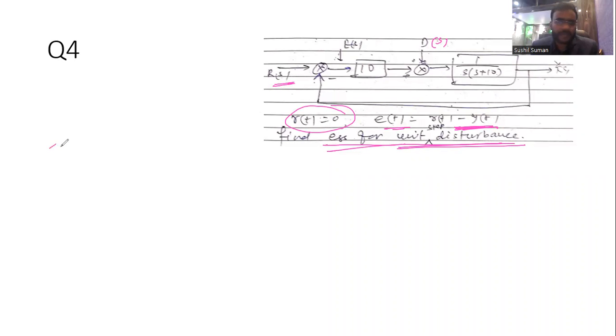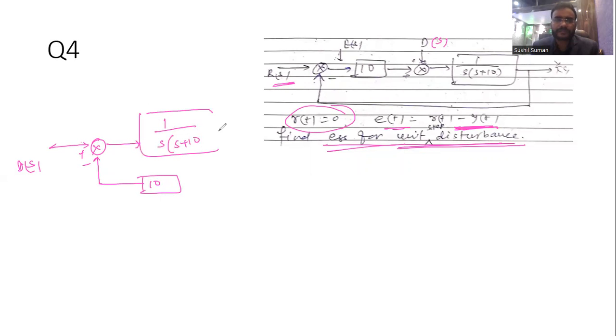Now your circuit becomes this, this is your E(s), and this becomes D(s). Now the feedback becomes minus 10. This is 1 upon s into s plus 10, and this is your C(s), or you can say Y(s).